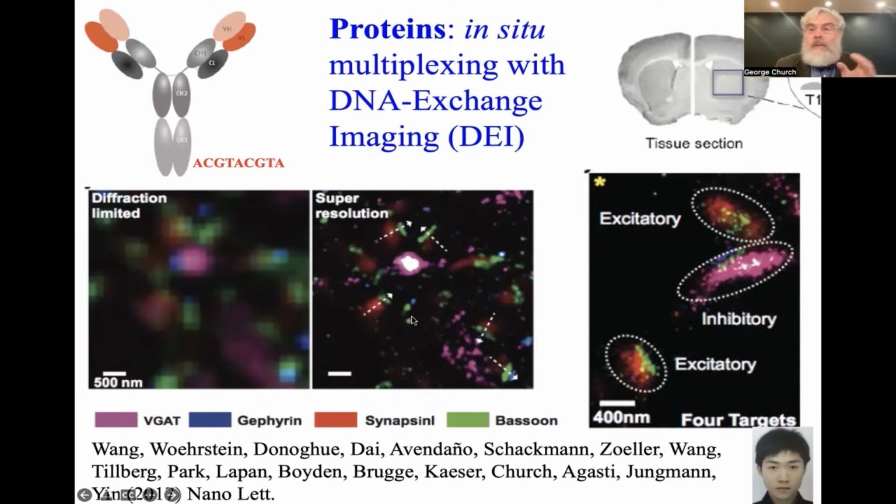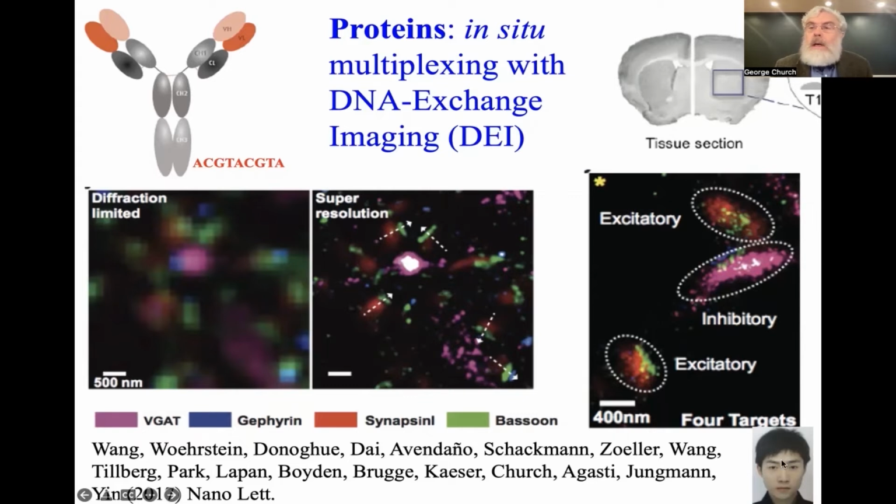We can do multiple proteins at once. We don't know what the upper limit for the number of proteins, but it's probably similar to DNA and RNA, tens of thousands per cell. And you can also tell whether it's excitatory, inhibitory, which is important functional information in this case.